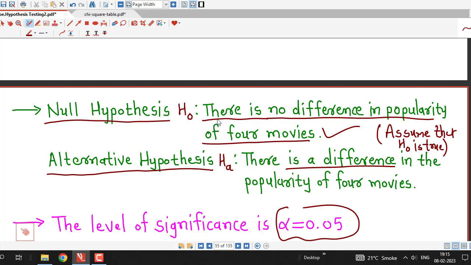The decision is that the calculated value of the test statistic is less than this critical value, and therefore we fail to reject the null hypothesis. That means we fail to reject the statement that there is no difference in the popularity of 4 movies.